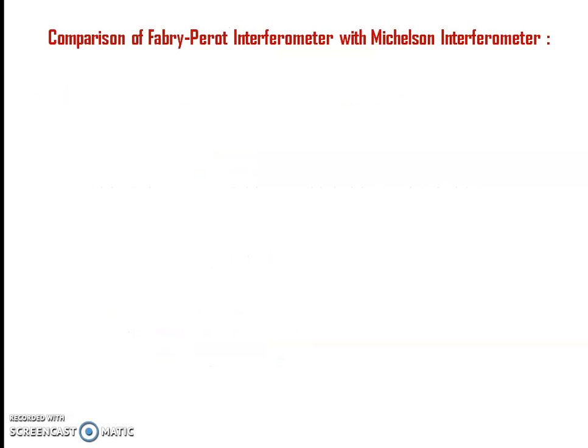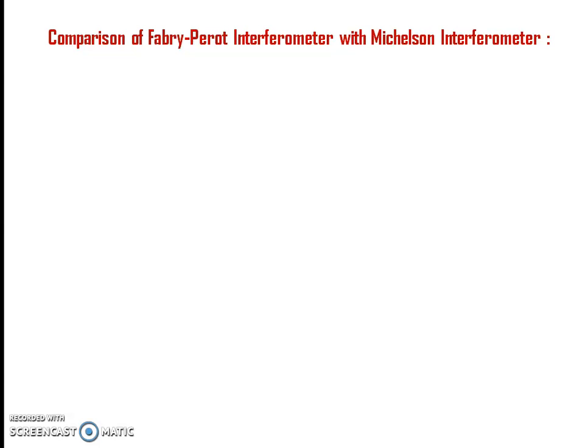Now, how do we compare the Fabry-Perot interferometer with Michelson's interferometer? As we have already discussed, Michelson's interferometer works on two beams, that is, it is a two beam instrument, whereas the Fabry-Perot interferometer is a multiple beam instrument. This is the basic difference between these two.